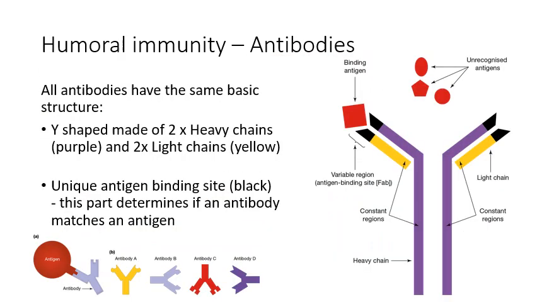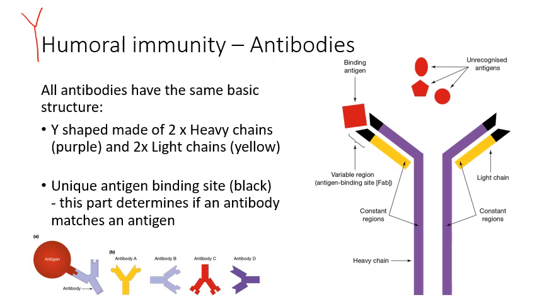Now that we've heard what an antibody can do, you are required to know about the basic structure of an antibody. So I've spoken to you about it being that basic Y shape. It's a little bit more detailed than just a basic Y, and it is important that you do recognize the features of an antibody.